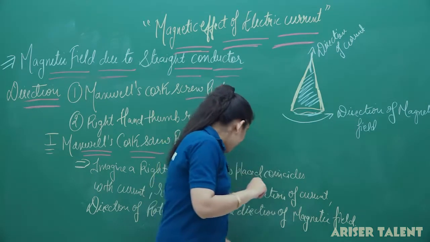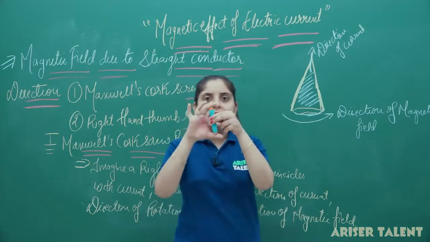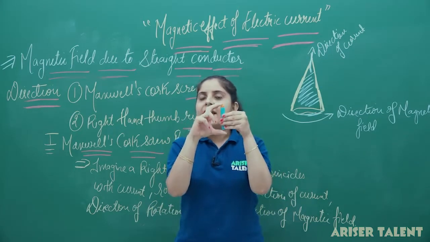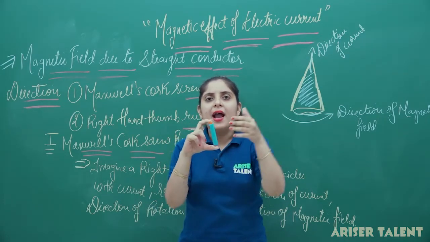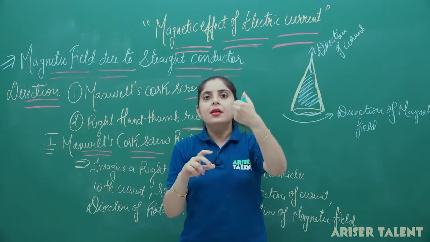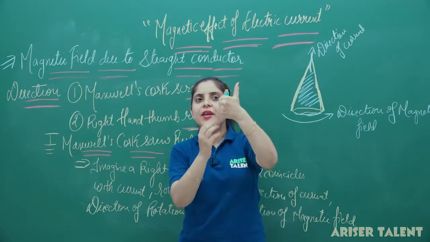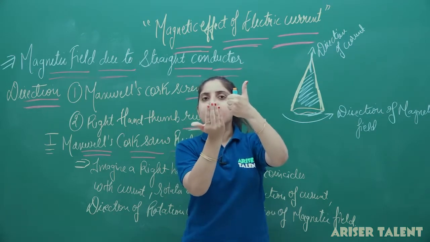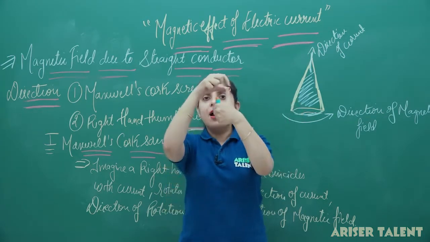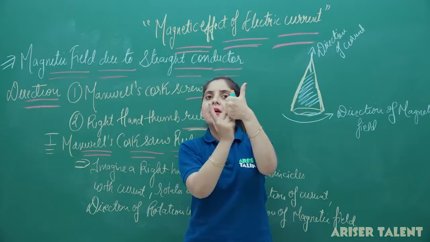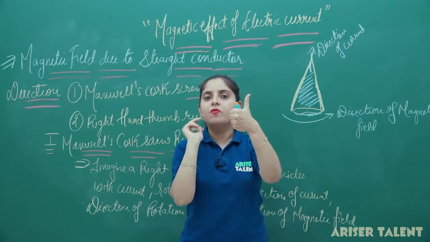So if I assume that this is my current carrying long conductor, and I am holding it in my right hand in such a way that the fingers are curling inwards, then the thumb will give you the direction of current and the curling of the fingers will give you the direction of magnetic field.